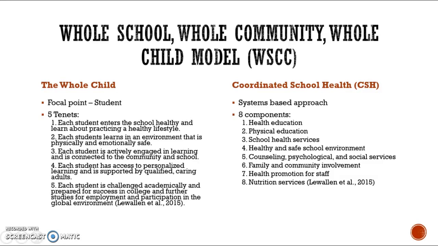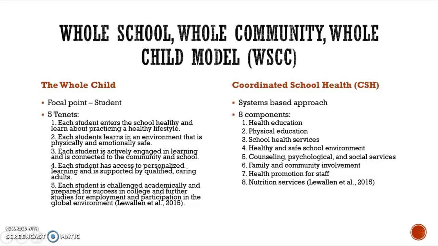The next one is coordinated school health, which takes on a more system-based approach, and it includes 8 different components. The first is health education, which teaches students in school about choosing healthier alternatives. Physical education includes physical activity.